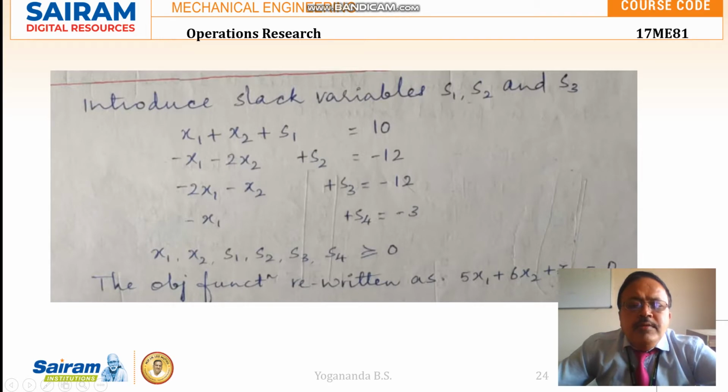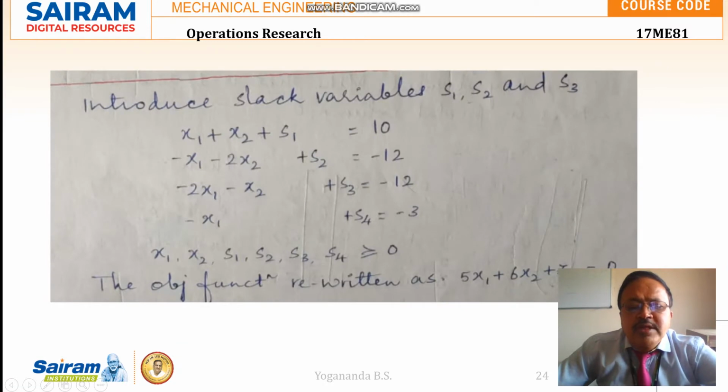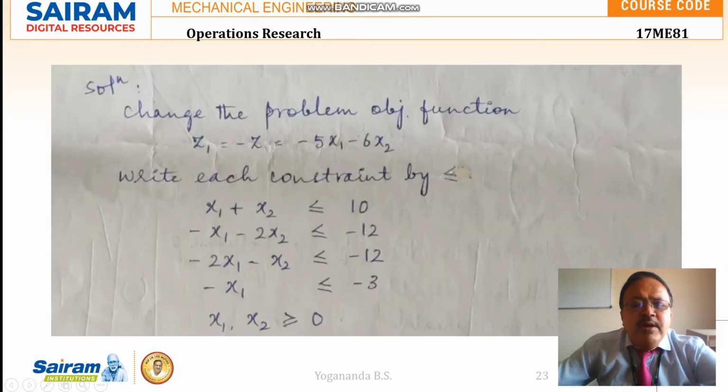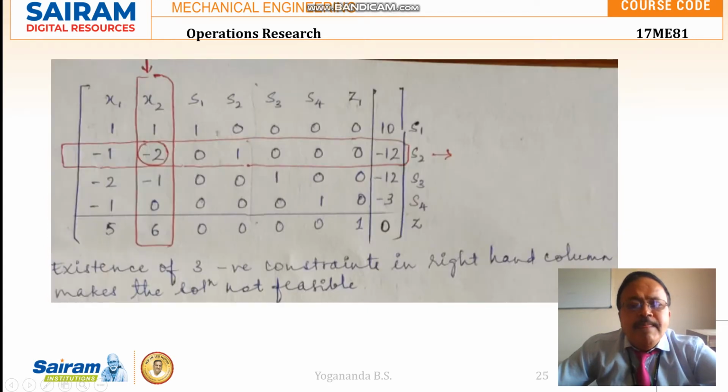We have introduced a slack variable in each of the four equations. So x1, x2, s1, s2, s3, s4 are all greater than or equal to 0. Take the negative terms to the left side, they become positive. So 5x1 plus 6x2, and then we have z1 here, equal to 0.